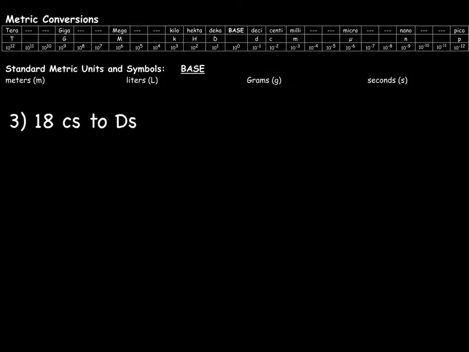All right, last one. We're going from 18 cs, centiseconds, to ds, capital D, that's important, deciseconds. So we're starting with c, which is right here, centi. And we want to get to capital D, which is right here, deca.